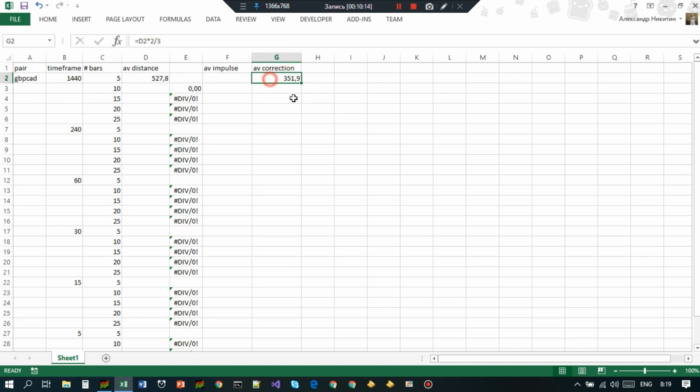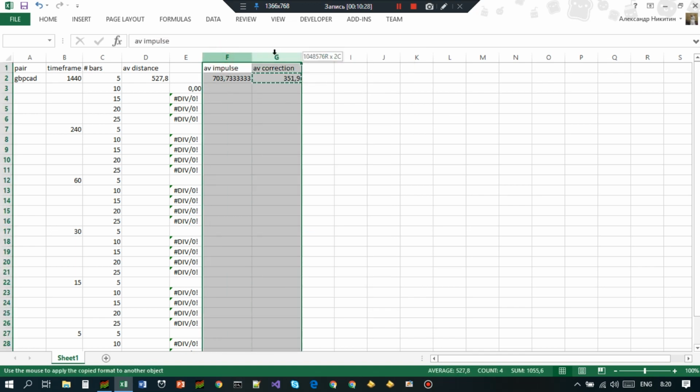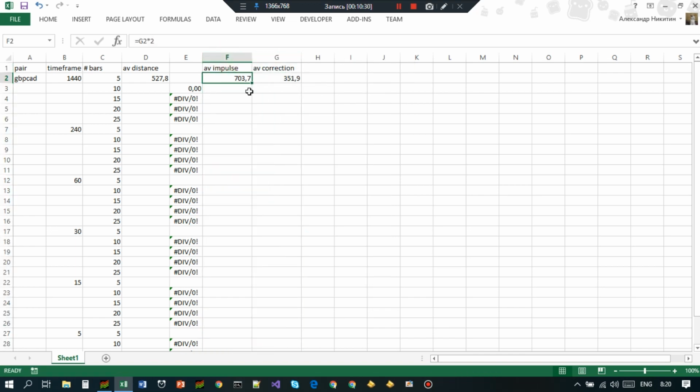So the average correction size is 351, and the average impulse size equals this multiplied by 2. Okay, now we have it very correct. And 700 is the average impulse size, 300 is the average correction size. Oh, perfect. And this is amazing.